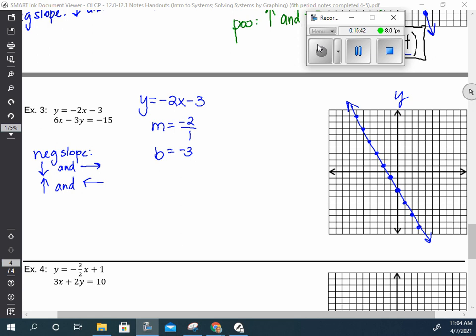That's the way that I've done it essentially all my life. If you only want to do it one way, that's fine. That's just more so personal preference. So there's our first equation.